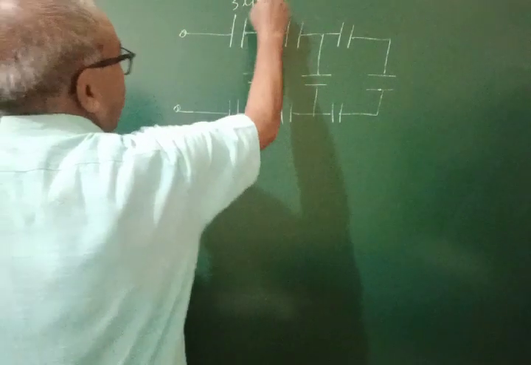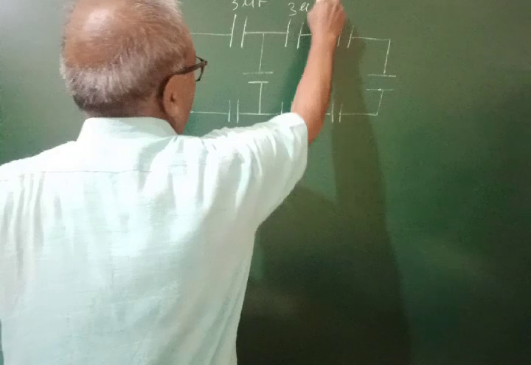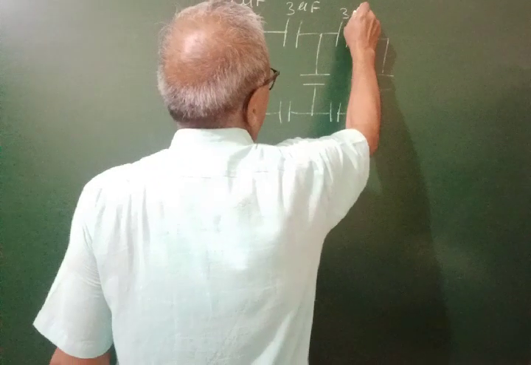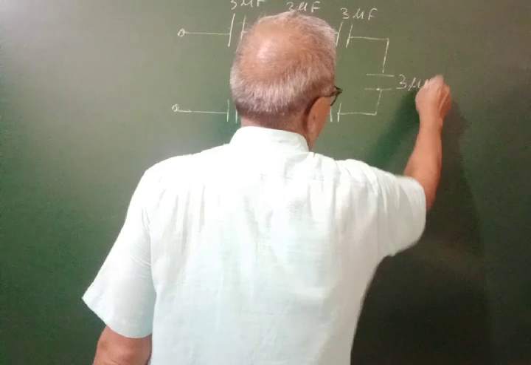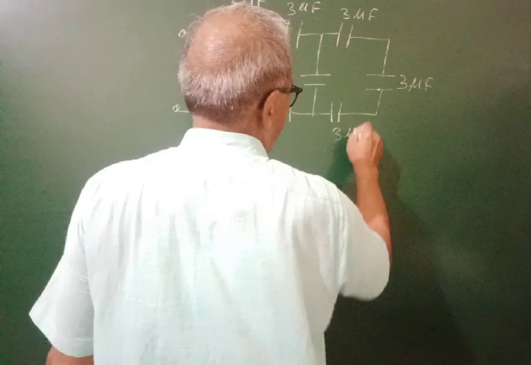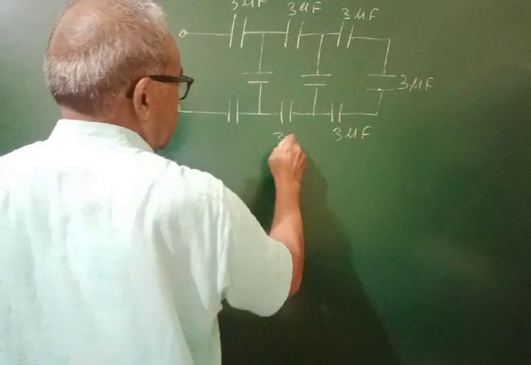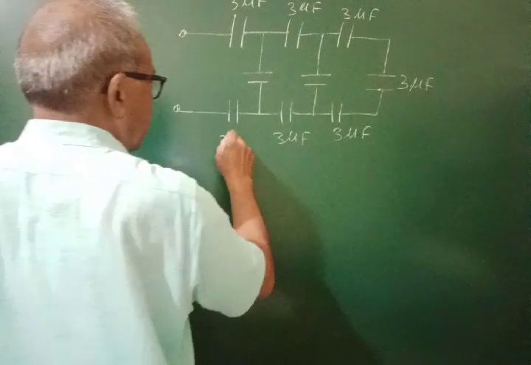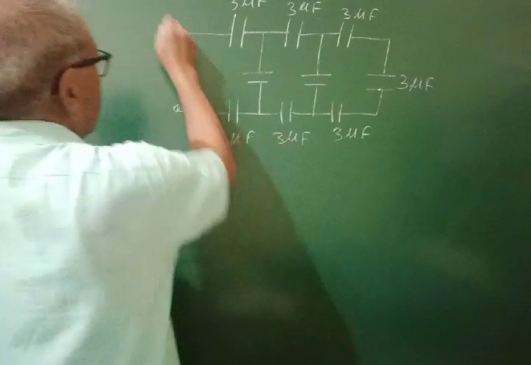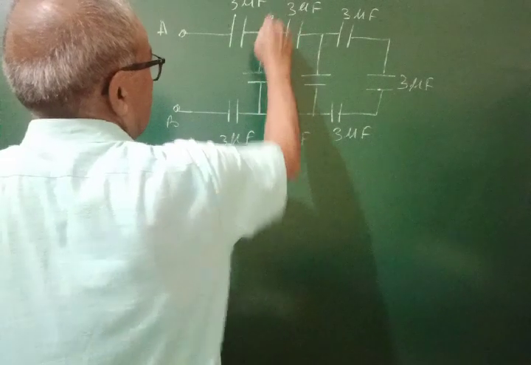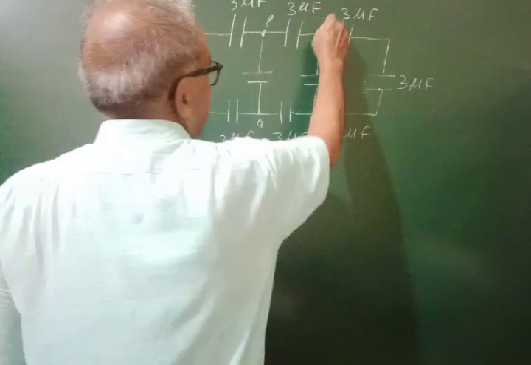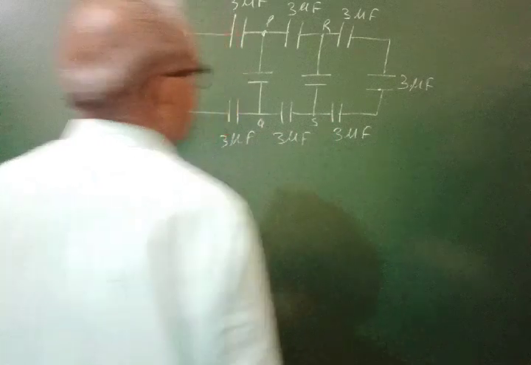3 microfarad, 3 microfarad, 3 microfarad, 3 microfarad, 3 microfarad and 3 microfarad. Here find AB. Let it be PQ. This is RS.